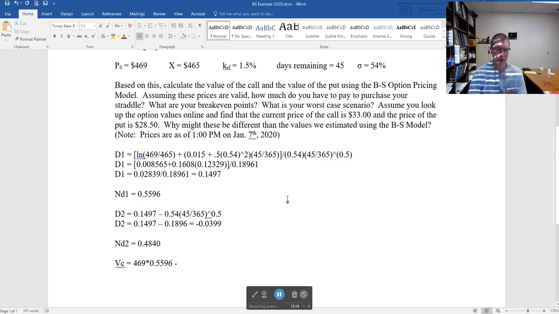So let me just go over here and calculate that. Risk-free rate is 0.015. Time is fraction of the year again.